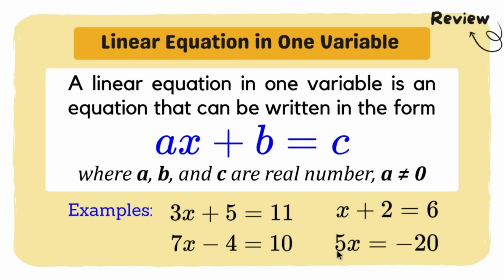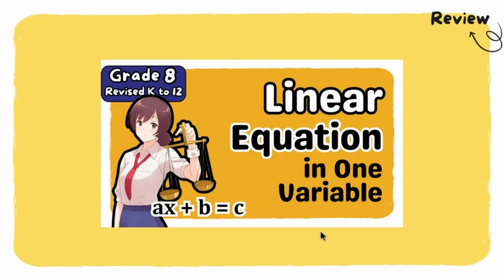Ang meron lang is a. Pero yung b natin dito actually is 0. Okay, hindi na po natin kailangang ipakita. So we only have here ax is equal to c, which is 5x is equal to negative 20. Now if you want to review our lesson on this one, you can actually watch again linear equation in one variable in our previous upload.